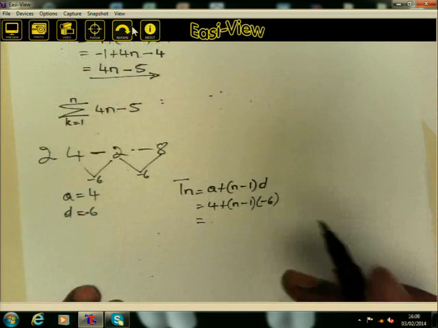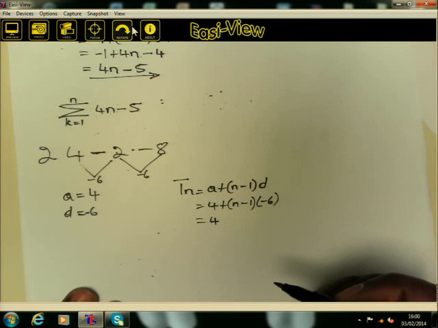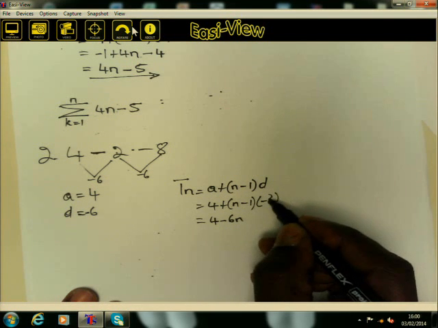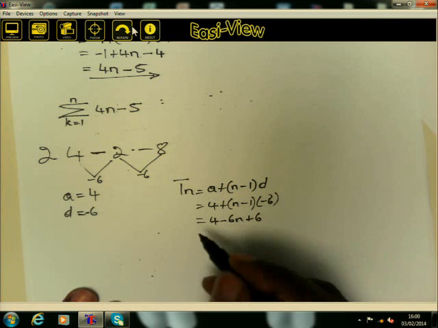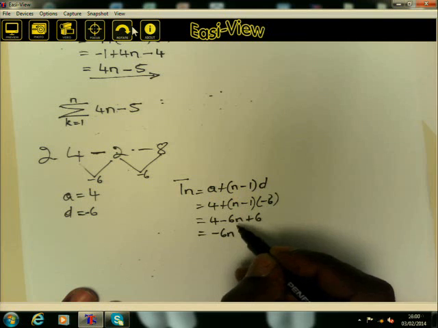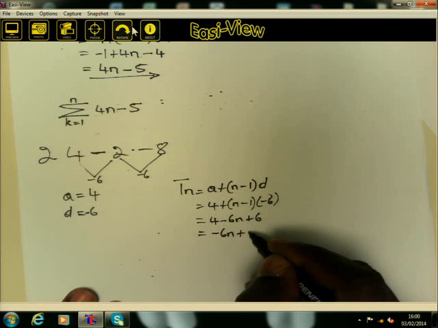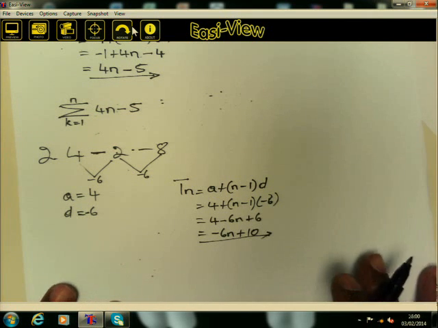This one becomes 4 as the value of a, minus 6n when you multiply there, and then plus 6, the positive there. So we end up with negative 6n. These are two with the same signs, positive, so we end up with 10. This is the general term.